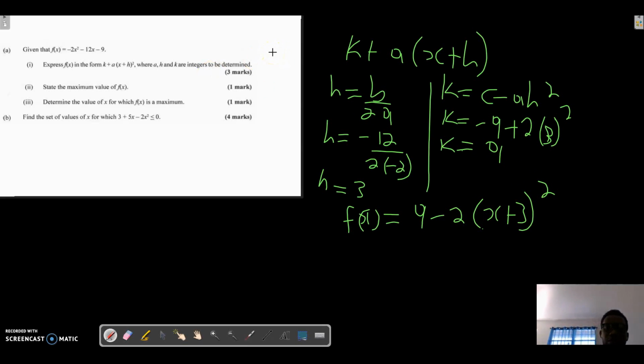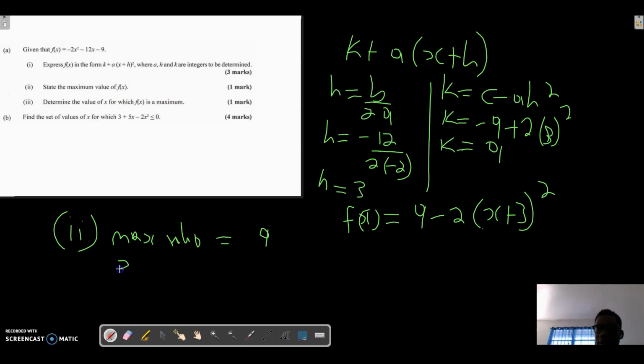Now part 2 is asking you for the maximum value. The maximum value is your k value. So max value is equal to 9. Determine the value of x for which f of x is a maximum. Alright, and then that is when this part is equal to 0.